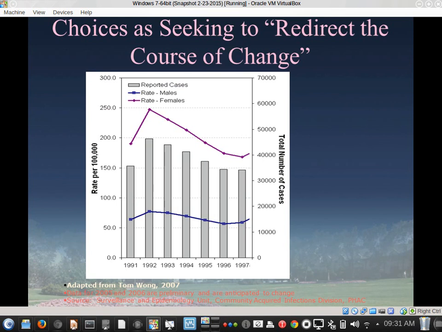So much of the work that I undertake is motivated by what my colleague Bobby Milstein, previously of the CDC and now doing work with the Riddle Foundation, refers to as the fact that public health seeks to redirect the course of change.